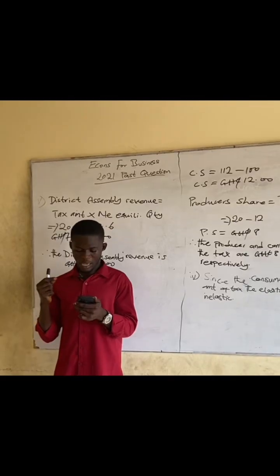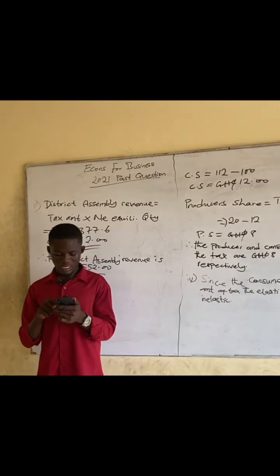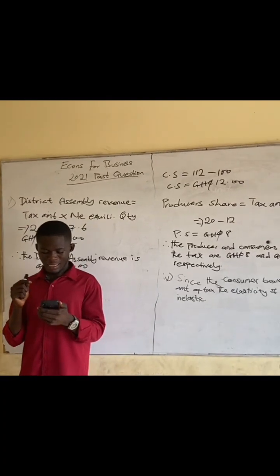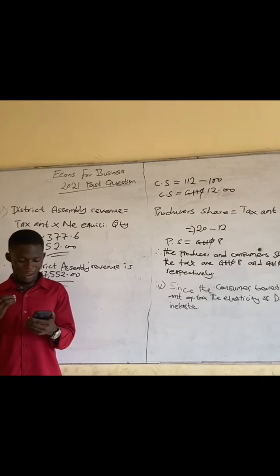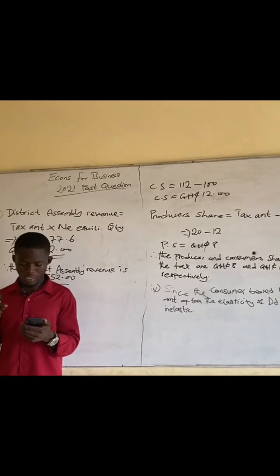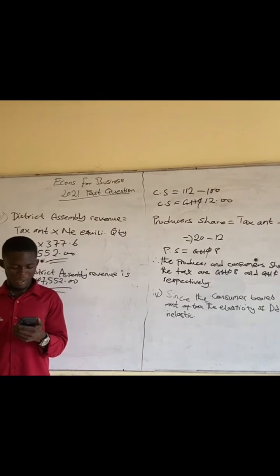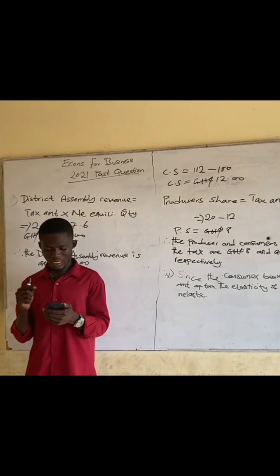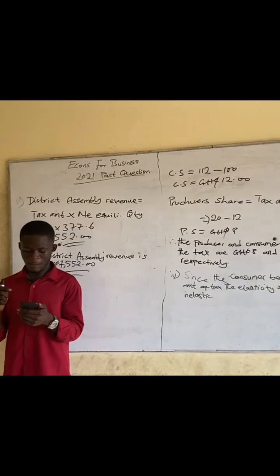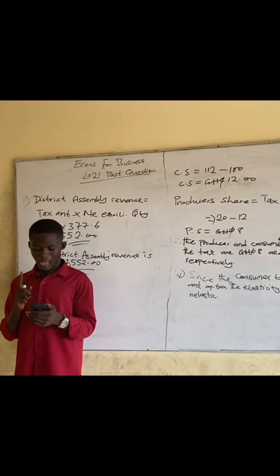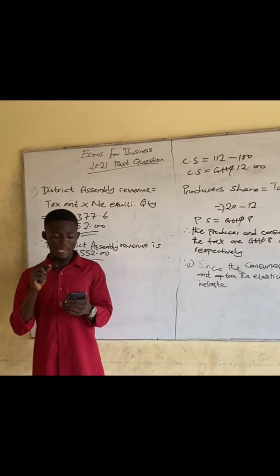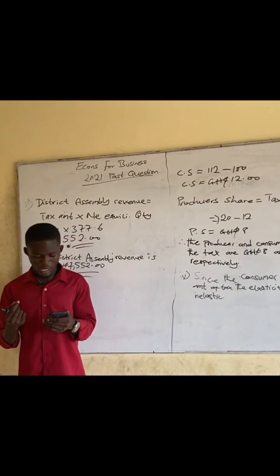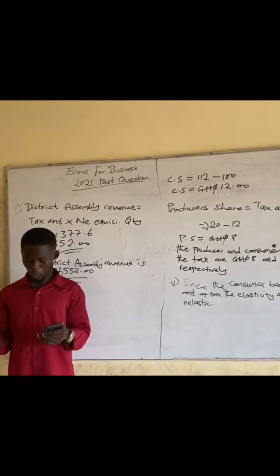Baba lives and works in Saboba and receives an income of 1,000 Ghana cedis. At this income level, Baba demanded 24 units of kin. Baba's income rises by 25% and now he demands 16 units of kin. It says, determine the cross price elasticity of demand for kin and PUG and interpret your results.